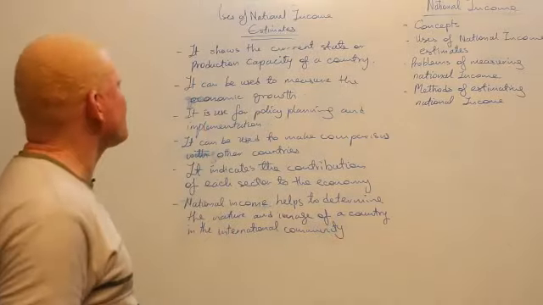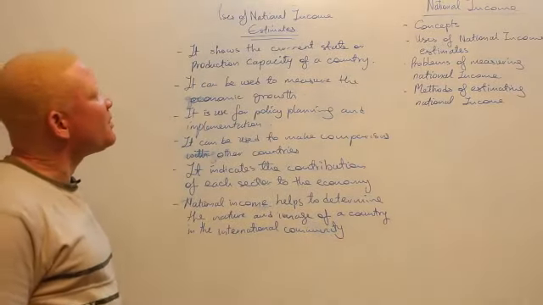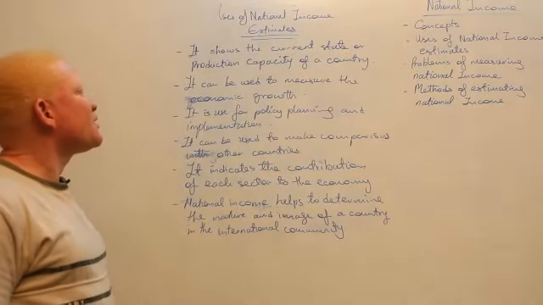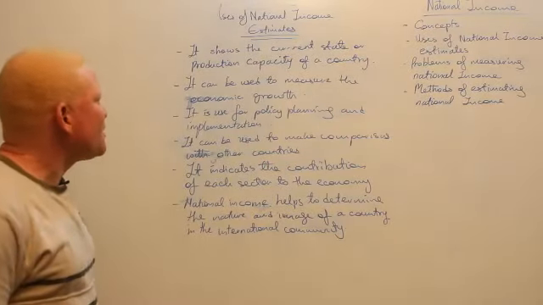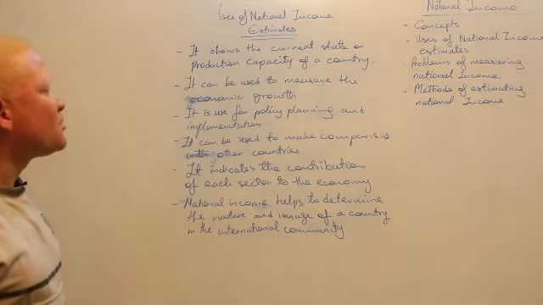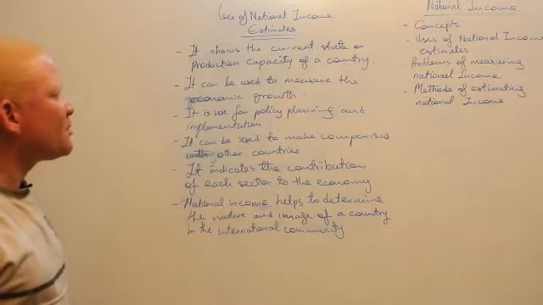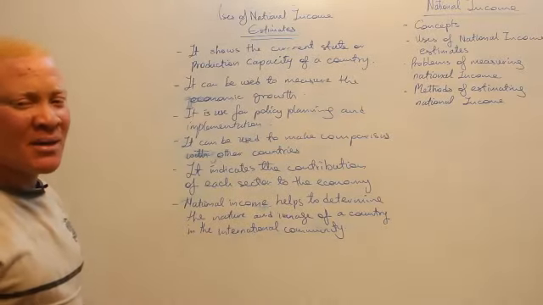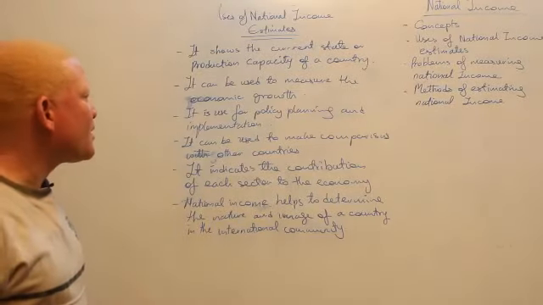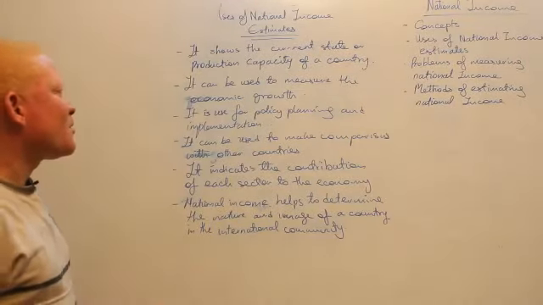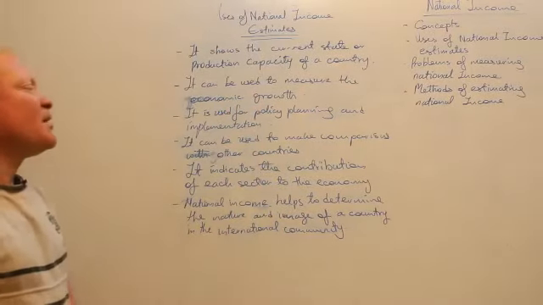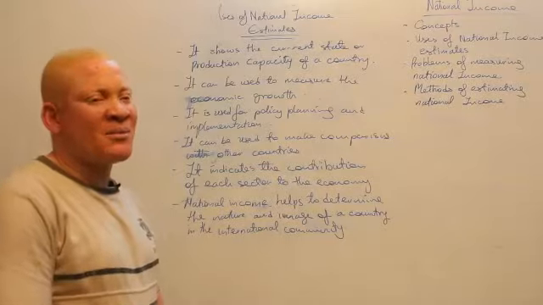Now, first, it shows the current state of the production capacity of a country. Second, it can be used to measure the economic growth. That means when you compare figures of national income between one period and another. Then the next one is that it is used for policy planning, that is policy planning and implementation of different programs, of course.